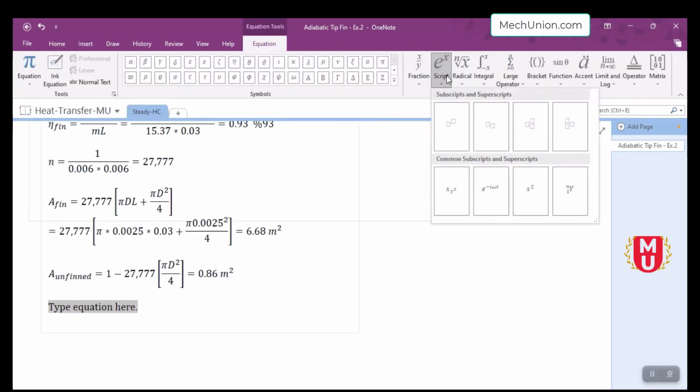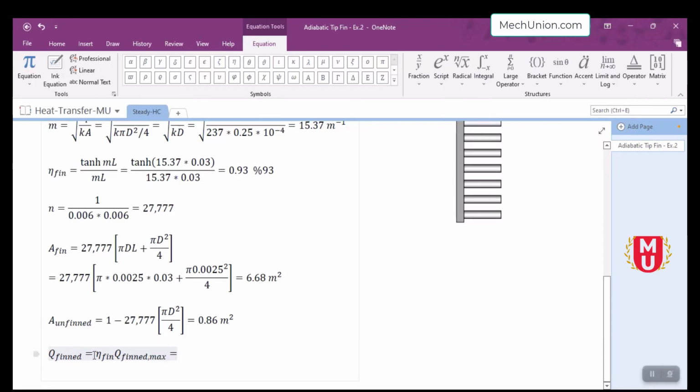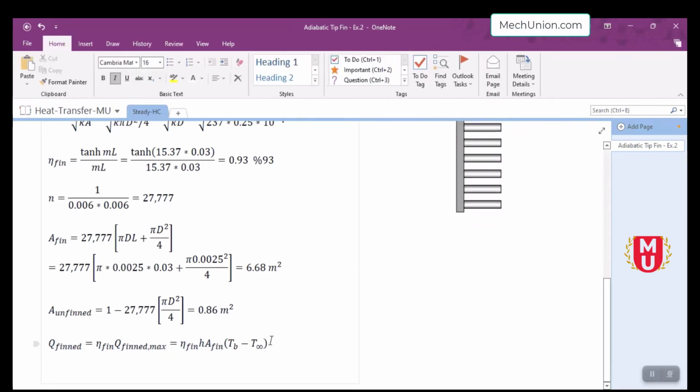Q of fin equals eta of fin times Q of fin max, the ideal maximum, which equals eta of fin times h, the heat convection coefficient, times A of fin times T of base minus T of infinity.